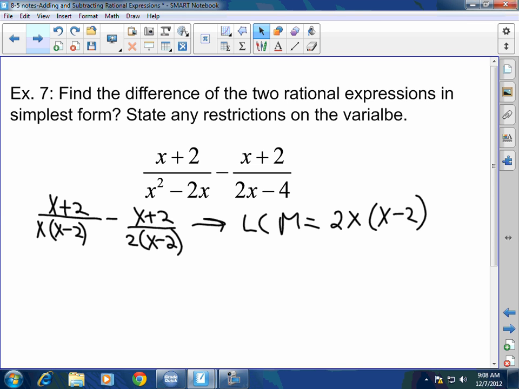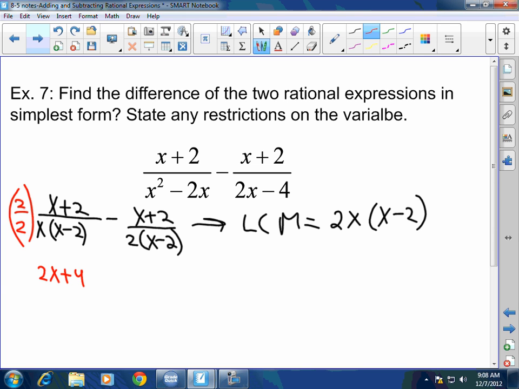Great job. What do I multiply to this one to get the same denominator? 2. So I got 2x plus 4. Everything is going to be over 2x times x minus 2 at this point. What do I need to multiply to this one? An x.